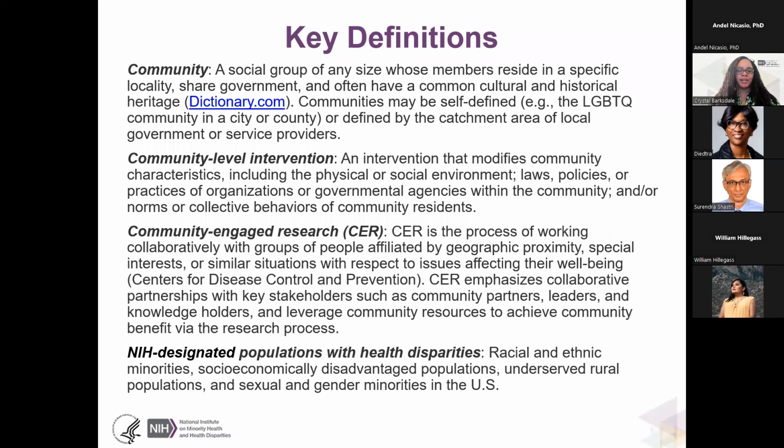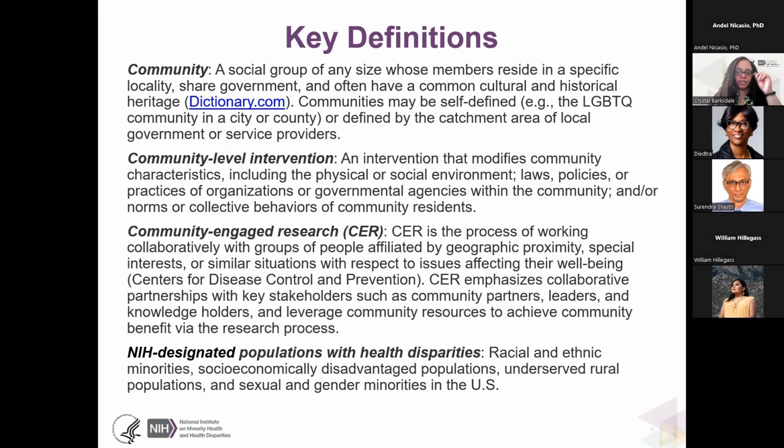When we refer to community-engaged research, we are referring to a research process of working collaboratively with groups of people affiliated by geographic proximity, special interests, or similar situations with respect to issues affecting their well-being.